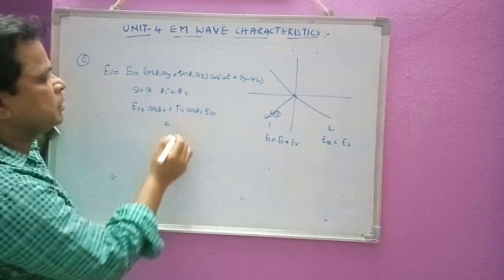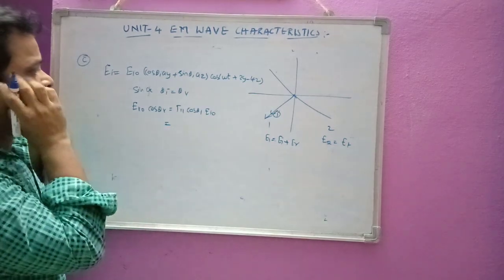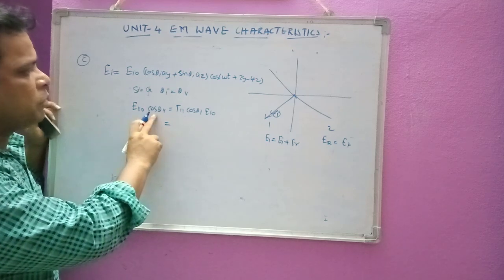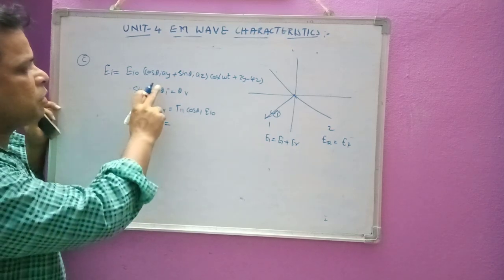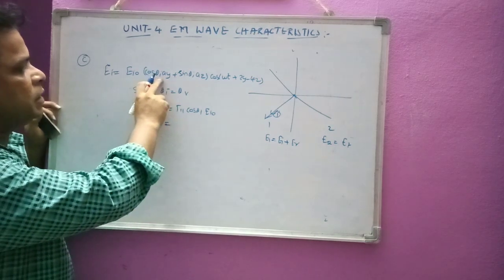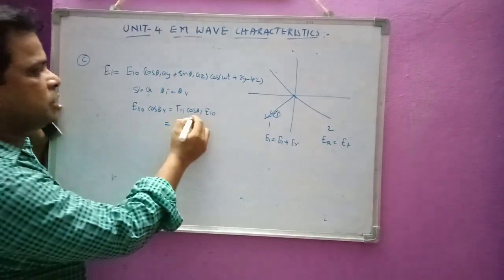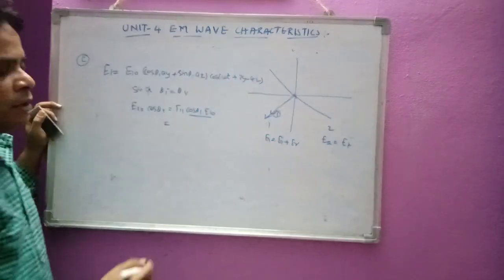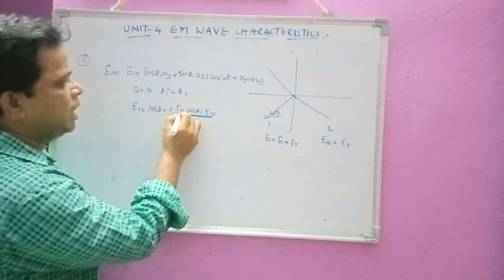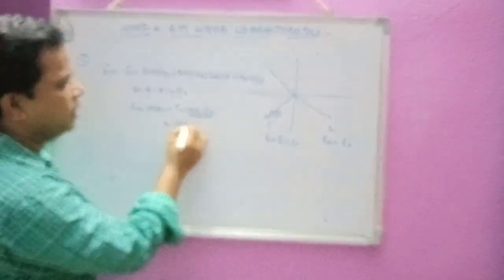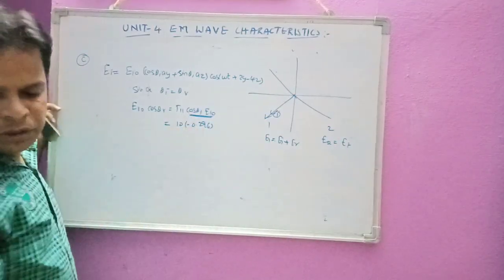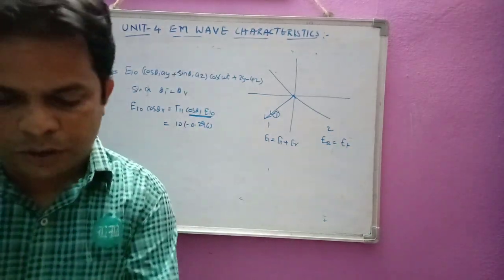Now we have to find ER0. We know that gamma parallel is equal to ER0 by Ei0. So we are going to make use of this. The incident Ei0 is given as 10 in the question, and gamma parallel we have found already, that is minus 0.296.